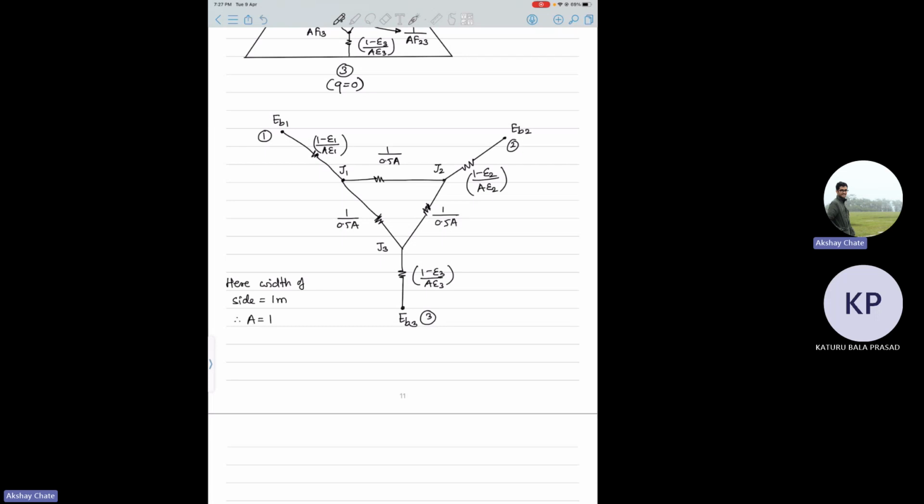Therefore, area is nothing but 1 meter square. I mean, assuming per unit length, right? You get my point, right? Anyway, leave it. If you simplify here itself, it will be very easy to solve the problem.